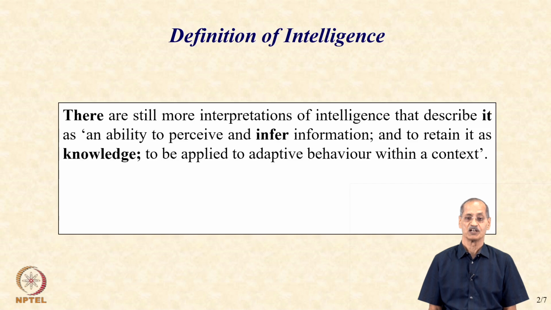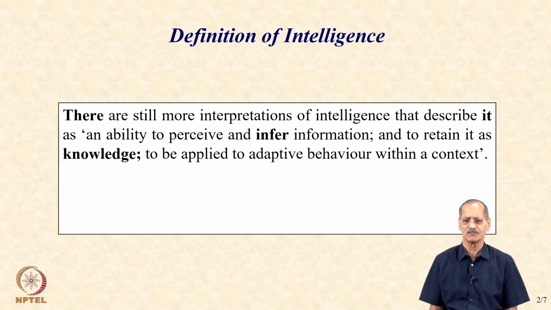Of course, there are still more interpretations of intelligence that describe it as an ability to perceive and infer information and to retain it as knowledge, to be applied to adaptive behavior within a context.